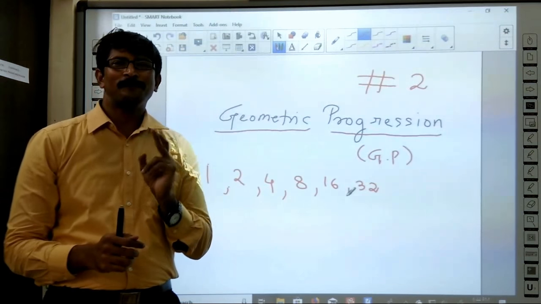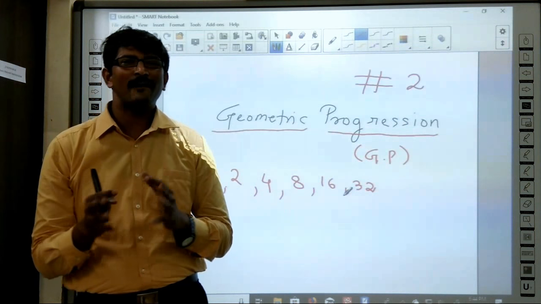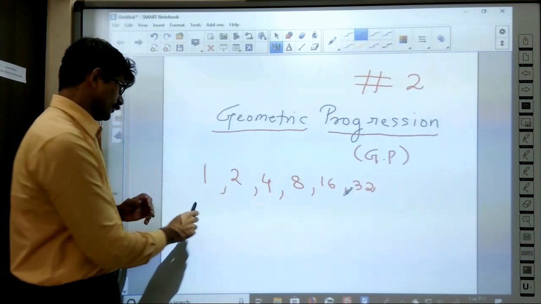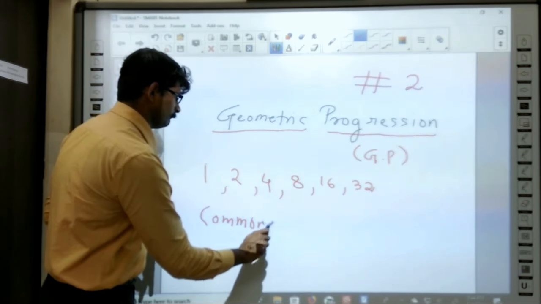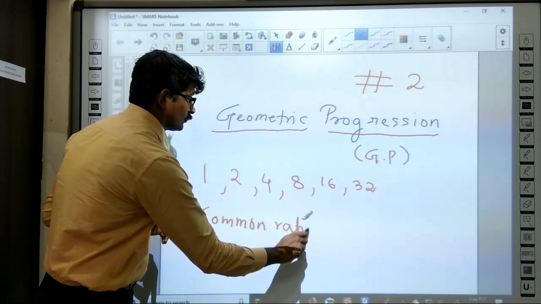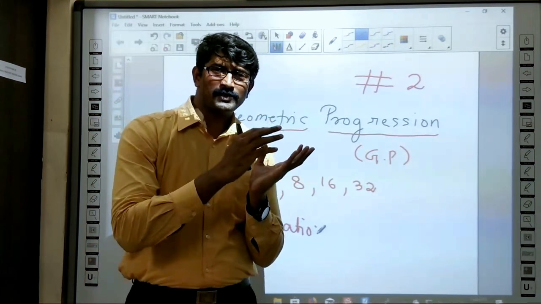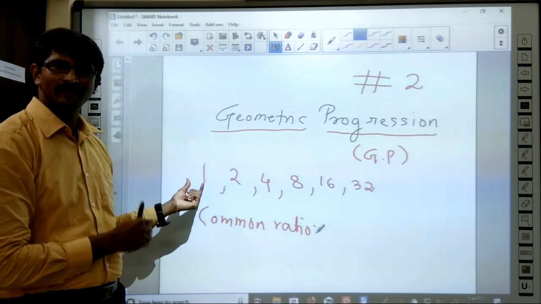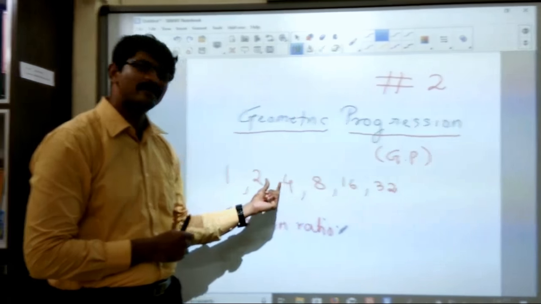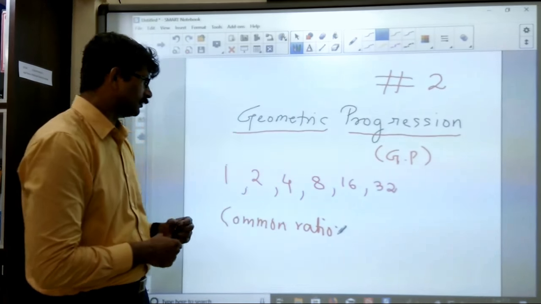Like in arithmetic progression we have common difference, now we will have common ratio. Common ratio is nothing but the succeeding term divided by the preceding term, or second term divided by first term, or third term divided by second term, or fourth term divided by third term.